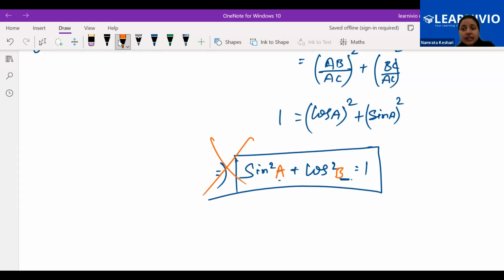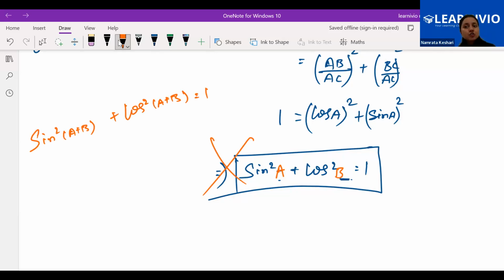We can only say sin square A plus cos square A is 1. Sin square B plus cos square B is 1. Sin square theta plus cos square theta is 1. Or maybe we can say that sin square of A plus B plus cos square of A plus B is 1, because the angle has to be same. Angle can be A plus B also.